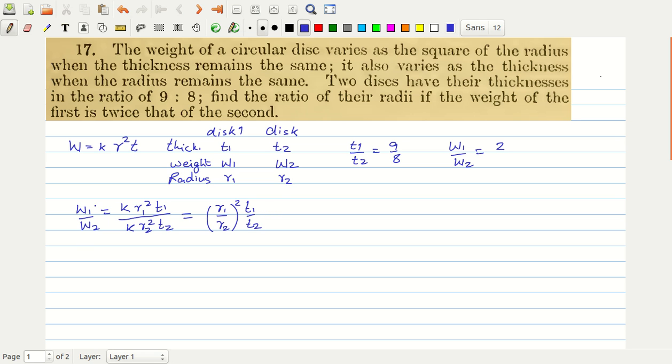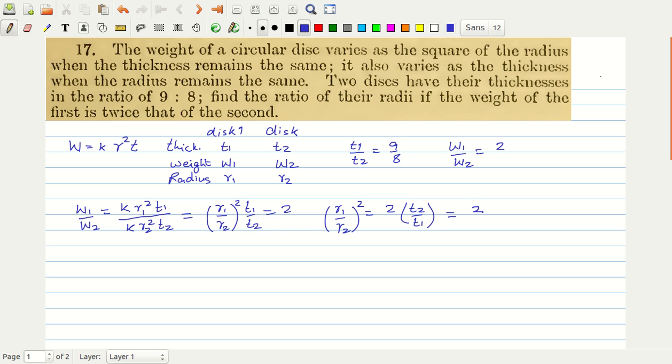Now, what is W1 by W2? W1 by W2 is equal to 2. So, what is R1 by R2? This is equal to 2 times T2 by T1. Now, what is T2 by T1? T2 by T1 is 8 by 9.